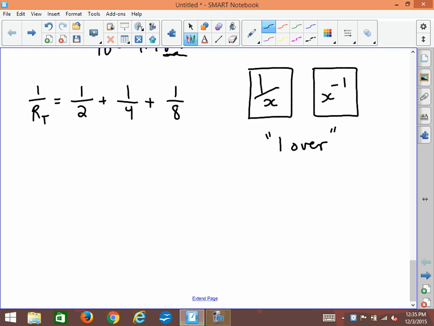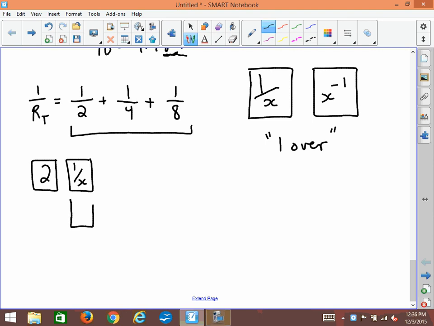So if you wanted to add up these three numbers without a common denominator, you can press the following things on your calculator. Press the number 2, and then press your 1 over x button, or x to the minus 1, depending on which calculator you have. That means you've just made it into 1 over 2.